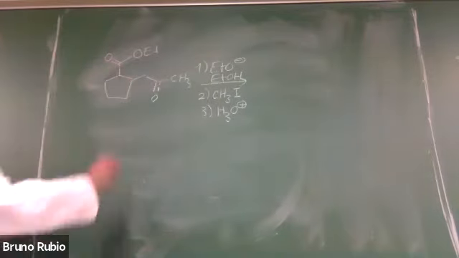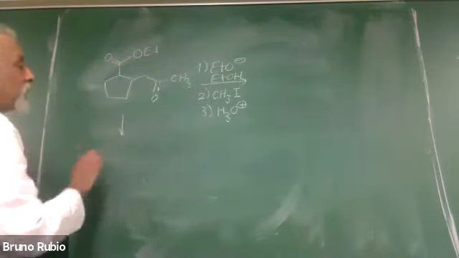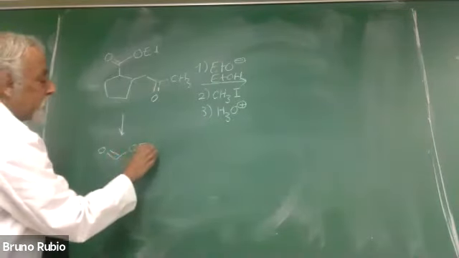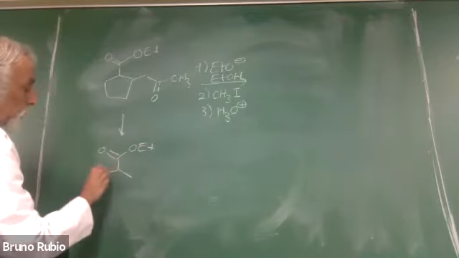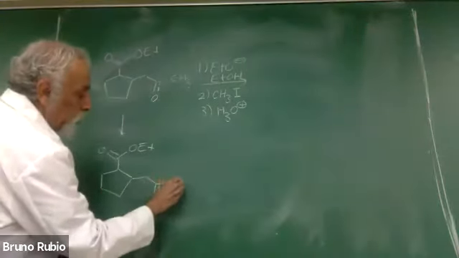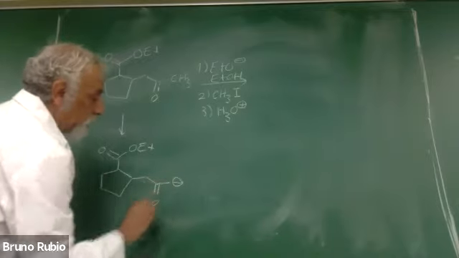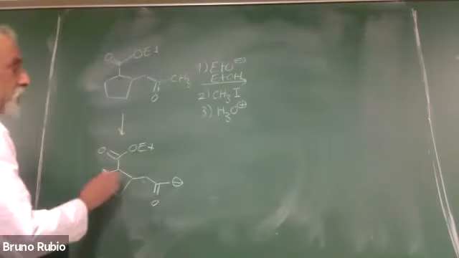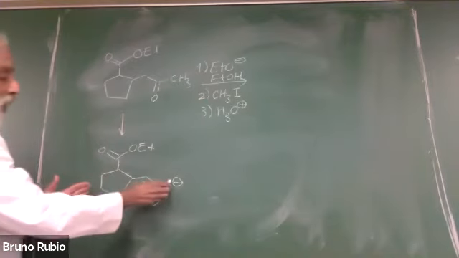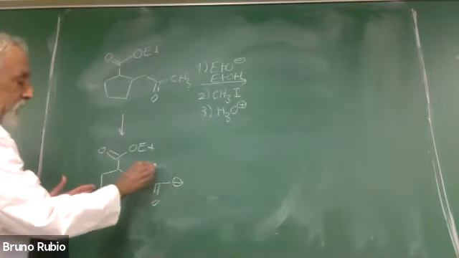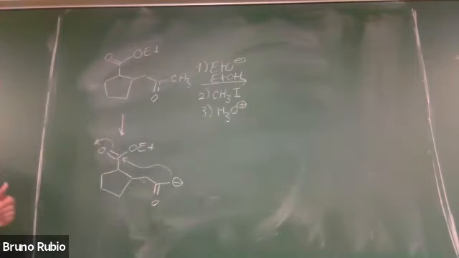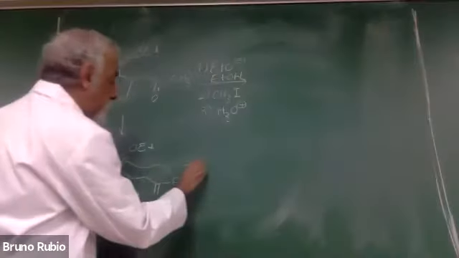Yep. Okay, so first step is the formation of the enolate. And that enolate is going to be over here. And so that's what we get. Okay, so now this enolate attacks the carbonyl to make that 6-membered ring.